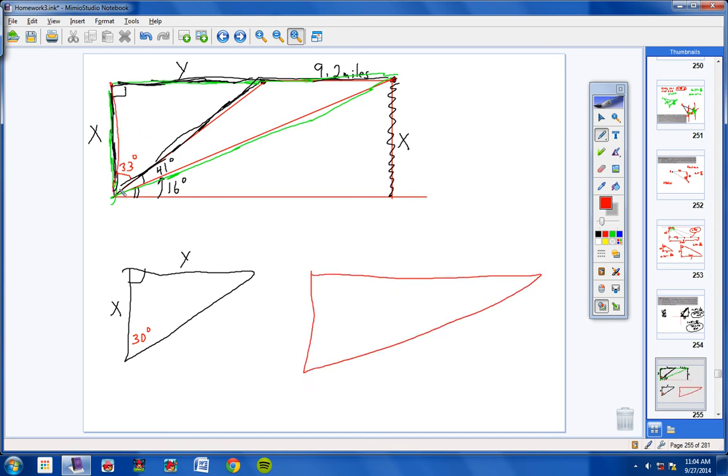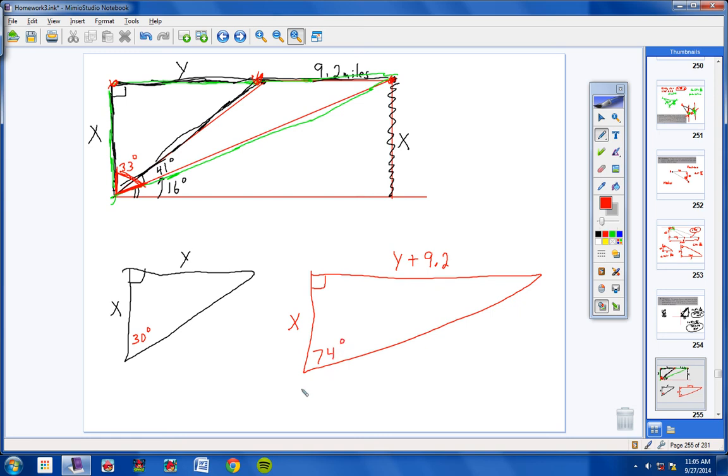For this side up here, I'm going to put y plus 9.2, correct? From here to here is y, and from here to here is 9.2. Now, the height here, I'm going to put x, right angle. Now, this triangle goes from this line here to this line here, so I need these two angles here, the 41 plus 33. So I'm going to put 74 degrees.